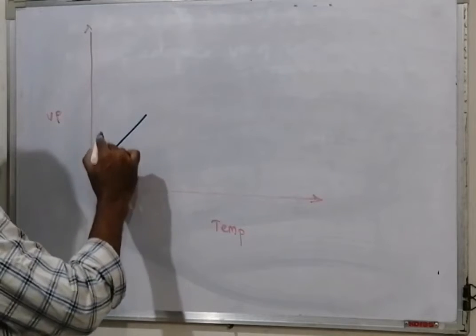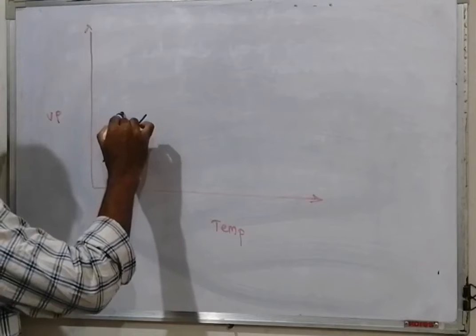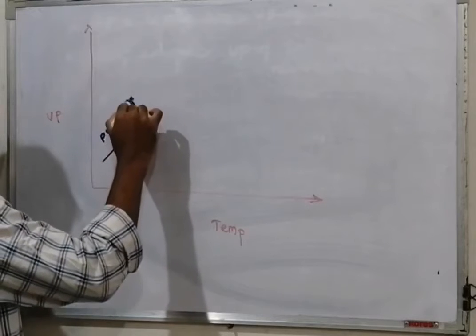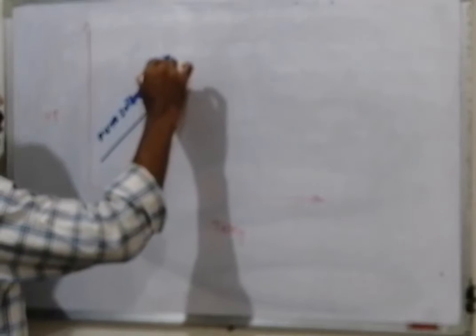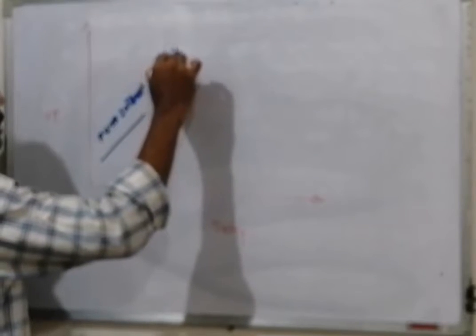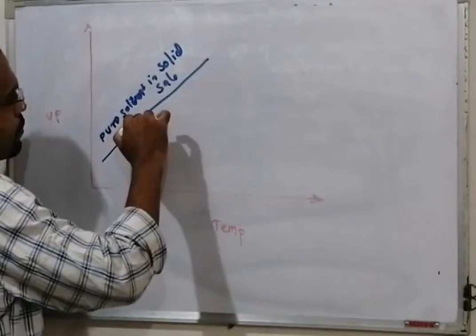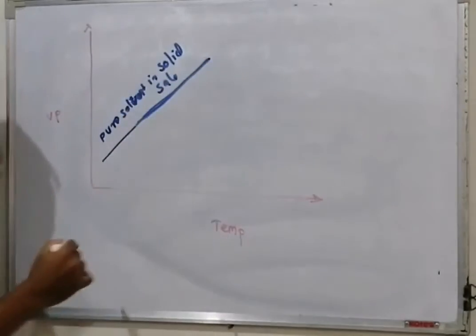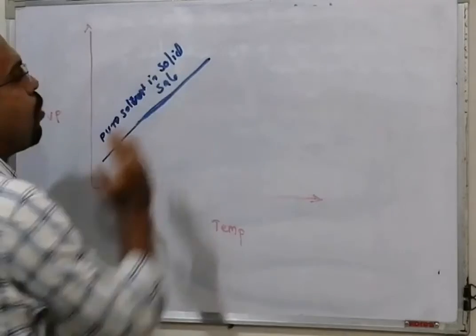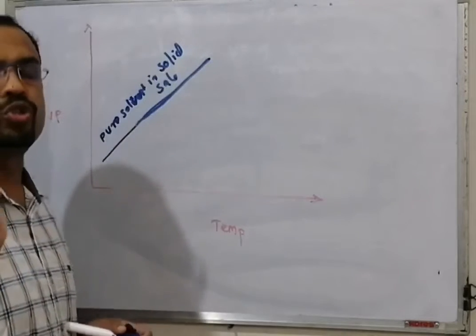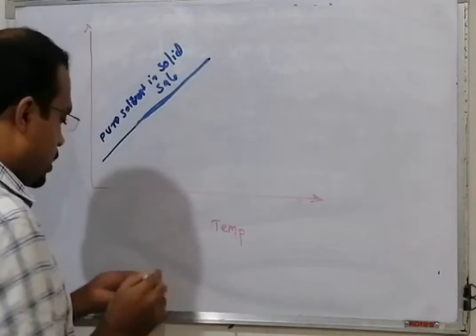I draw this as the vapor pressure of pure solvent in solid state. Suppose this blue graph represents the vapor pressure curve for solid solvent. It increases.